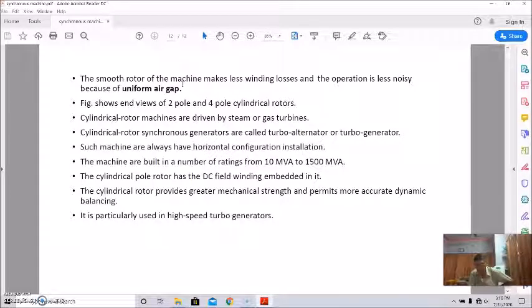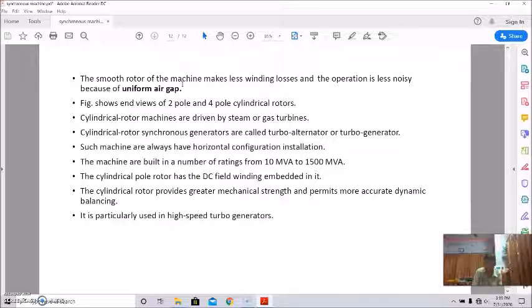The stationary armature may be cooled more easily because it can be made large enough to provide a number of cooling ducts. So the stationary armature and rotating field provide a great advantage over the rotating armature type machine in synchronous machines.